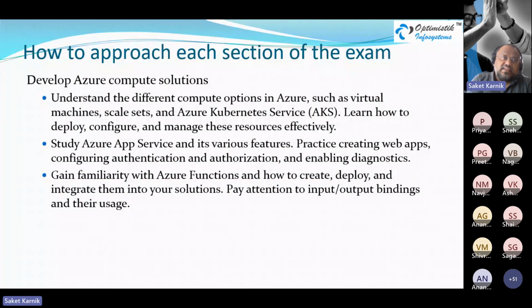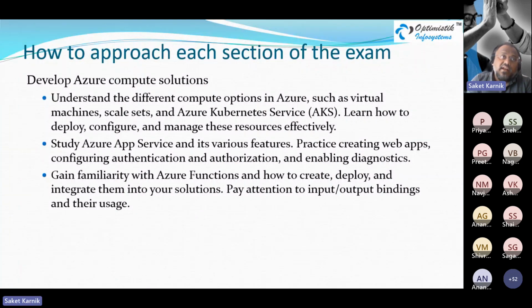So next section is how to approach each section of the exam. So first section, as we discussed, is develop Azure Compute Solutions. What all things I need to focus on? So first understand the different compute options in Azure, such as virtual machines, anything related to virtual machines. So there are different options like I can deploy independent virtual machines. I can deploy scale sets. I can deploy availability sets.